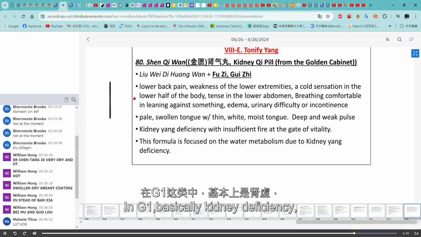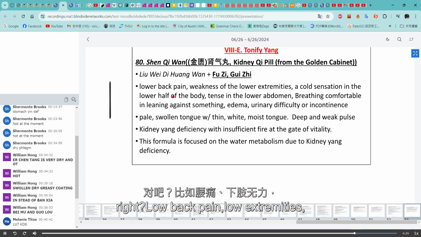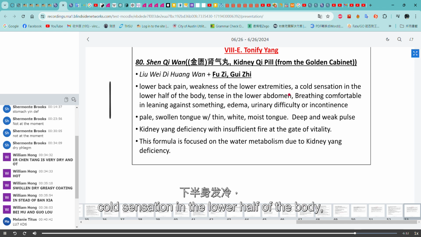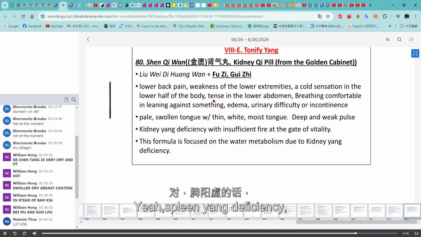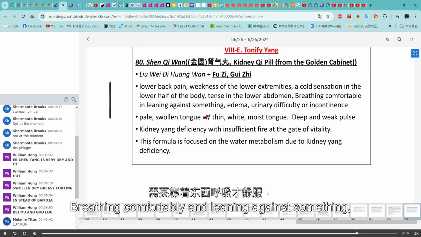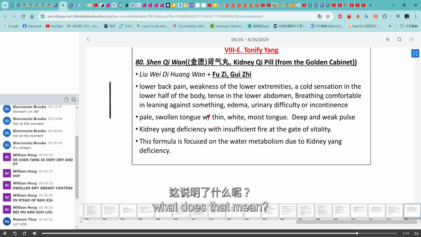in this formula, basically kidney deficiency, right? Low back pain, weak lower extremities, cold sensation in the lower half of the body is specifically kidney yang deficiency. Spleen yang deficiency would be cold sensation in the whole limbs, and tense in the lower abdomen and the pain because of the cold. Breathing comfortably leaning against something. What does that mean?